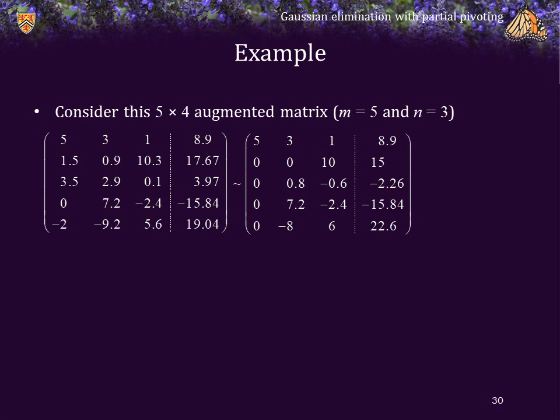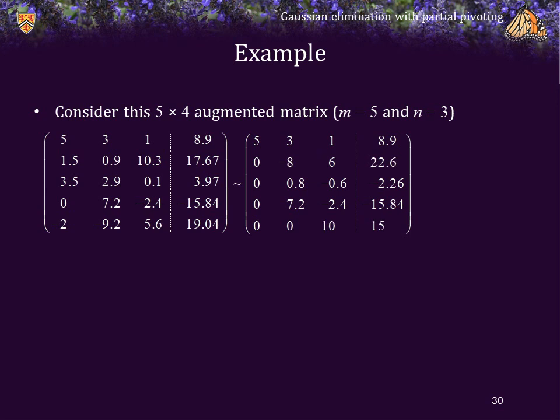So now we proceed to column 2. There are 3 leading non-zero entries, the maximum in magnitude of which is 8, which appears in row 5. We just finished with row 1, so now we swap row 5 and row 2.